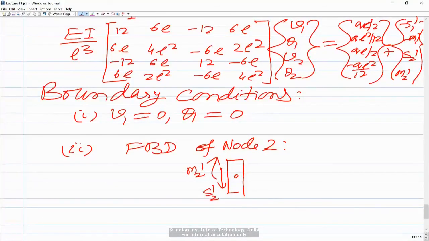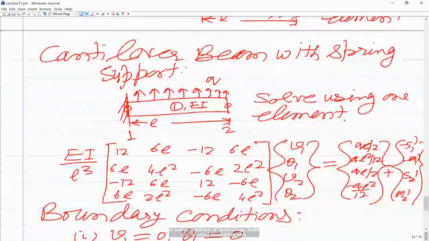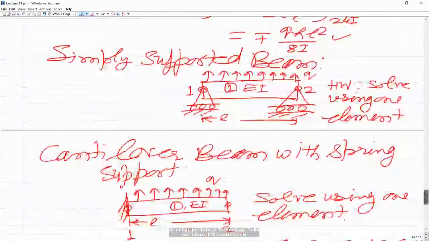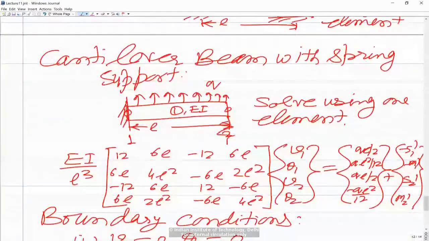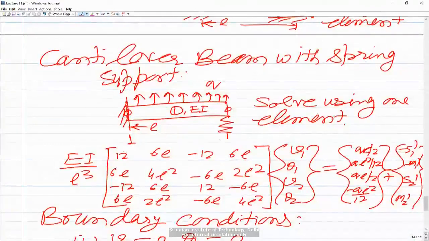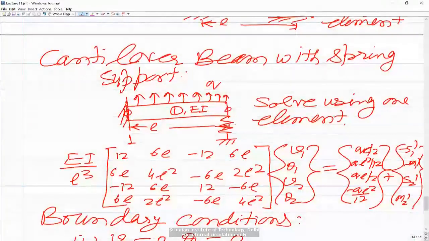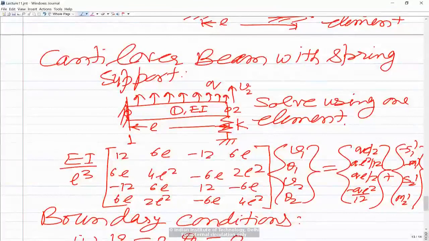Additionally, because this beam is supported on an elastic foundation, I am going to put a spring over here. Because this is a spring support, I am putting a spring over here and this end of the spring is fixed. Of course now this length is L, this is node 2, and the spring stiffness is, let us say, K. If V2 is the deflection at node 2, then the spring force would be K into V2, in the downward direction.